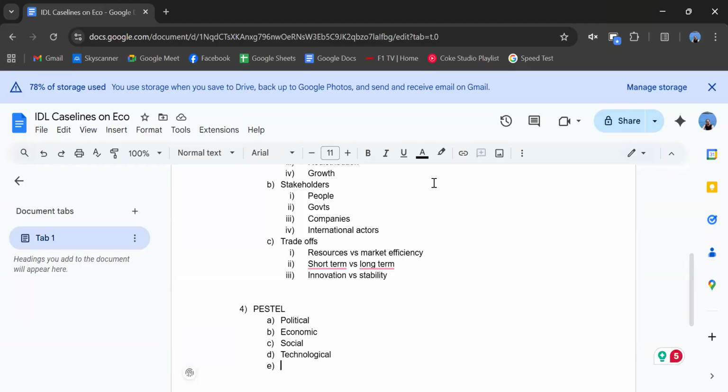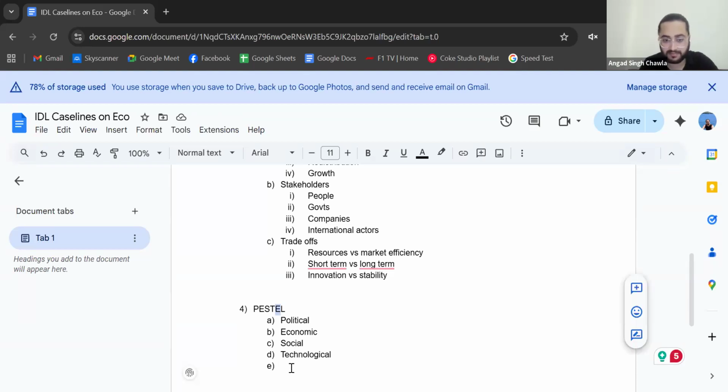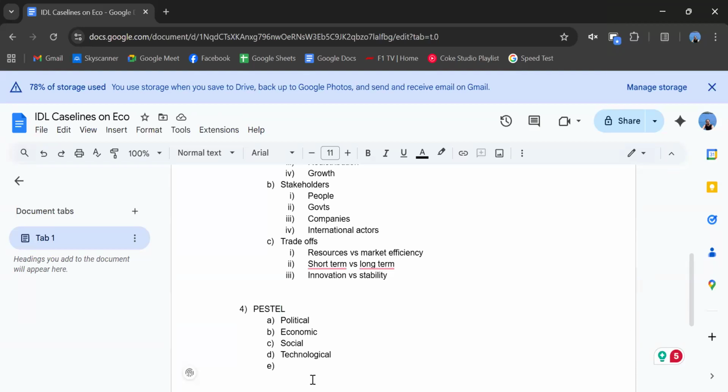Economic, social, political, technological, legal impact of a policy. Okay, L is legal. What's this E? Environmental. That's environmental. Yes.